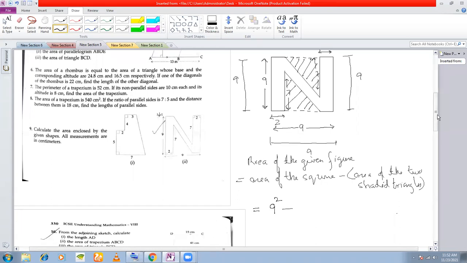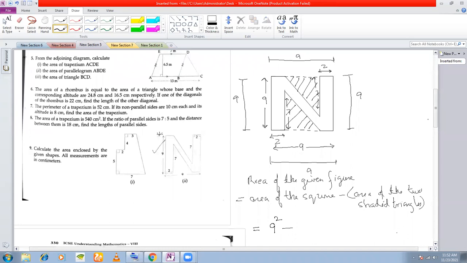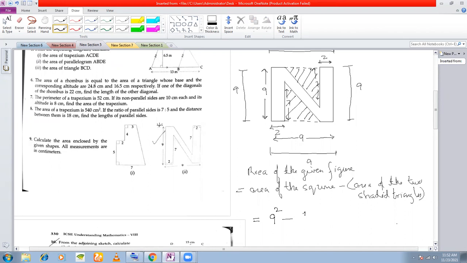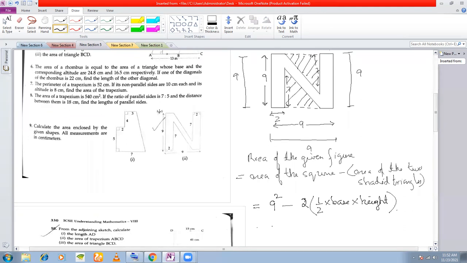Now the question is, what should be the area of each of the triangles? Area of the triangle is half base into height, right? So because there are two triangles, we'll write 2 into half into base into height.